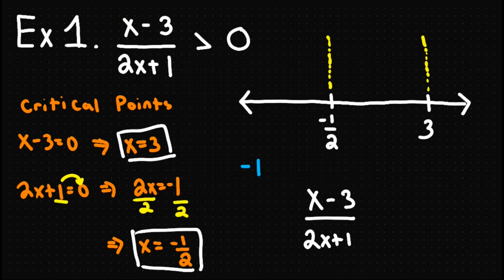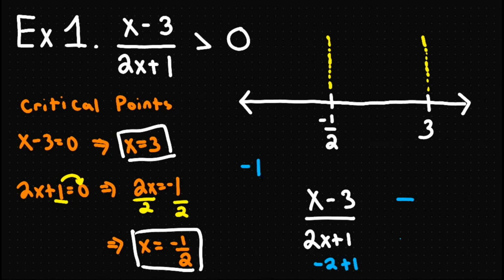At negative 1, in the numerator, we'll have negative 1 minus 3. So the outcome for the numerator is negative. For the denominator, we'll have 2 times negative 1 plus 1. So that will be negative 2 plus 1, which is also negative.